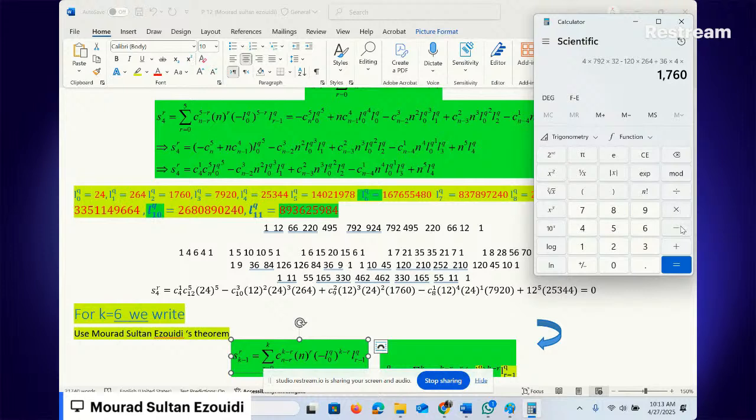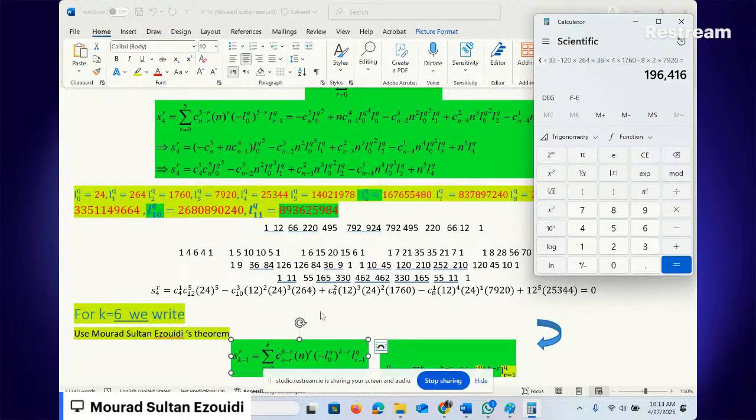Minus 8 multiplied by 2, multiplied by 7,920. So this one has to be equal.